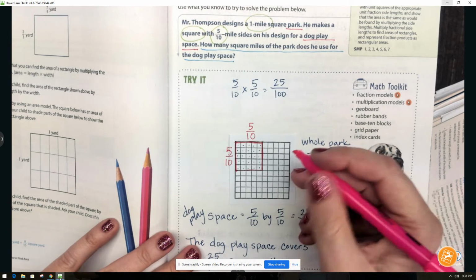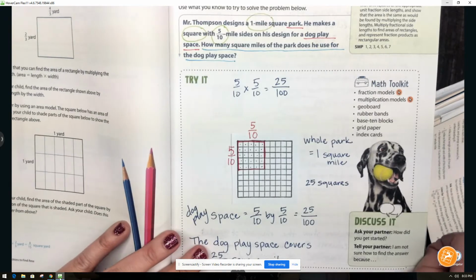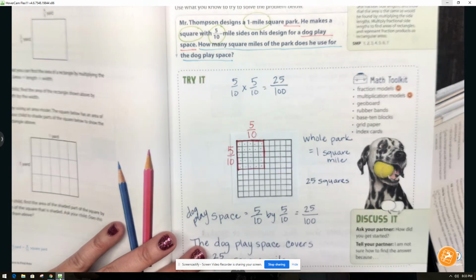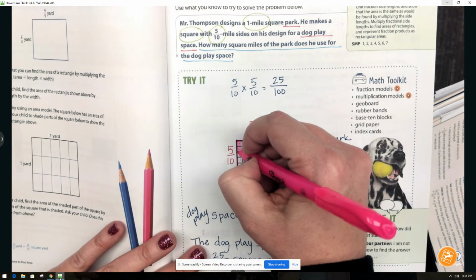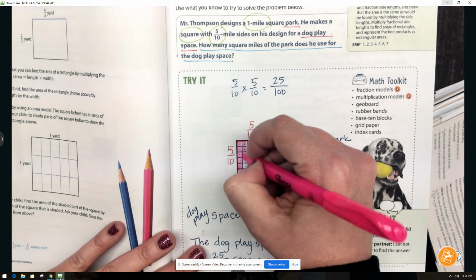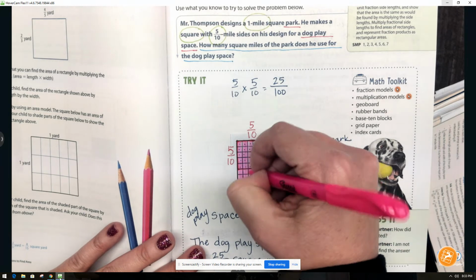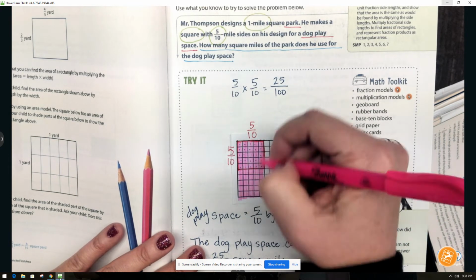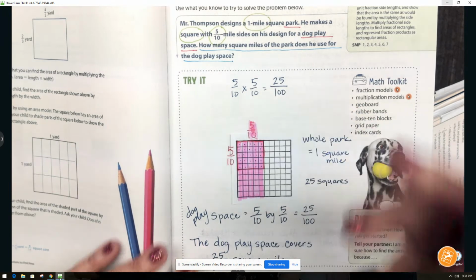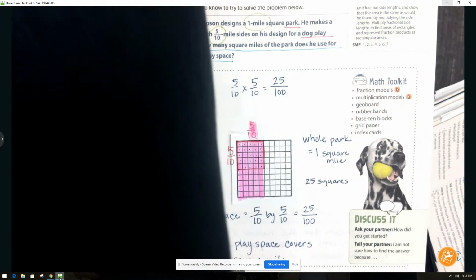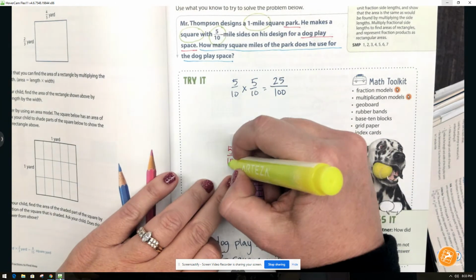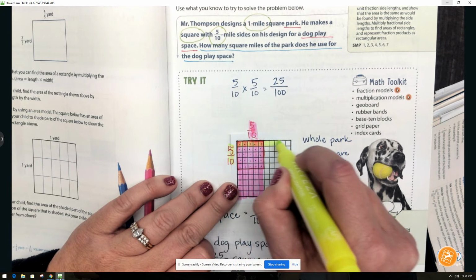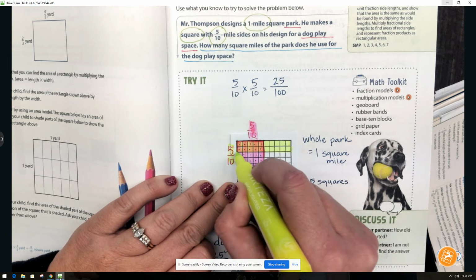So if we wanted to shade in 5/10 of this figure, we've already broken it up into tenths, and then we're going to shade in 5/10 of this figure with pink. The pink represents the columns. Then I'm going to use the yellow to shade in the rows, and I'm also going to shade in 5/10 of the rows.